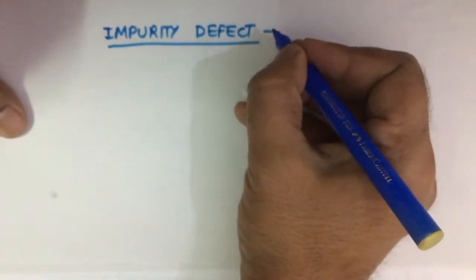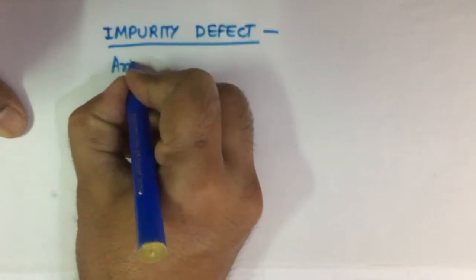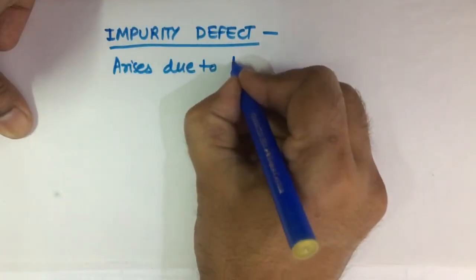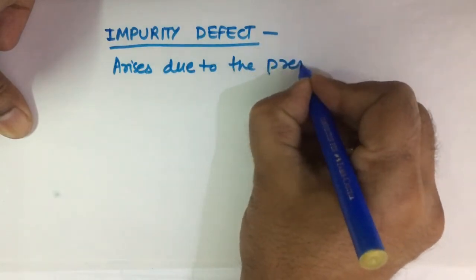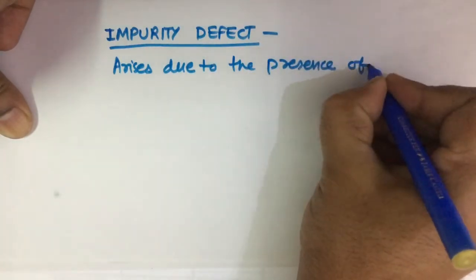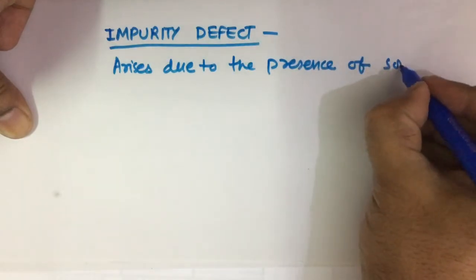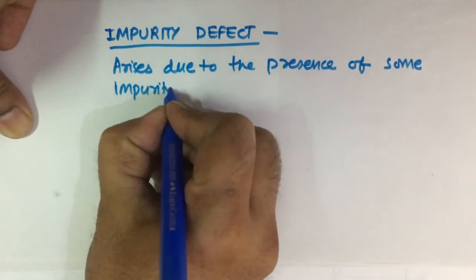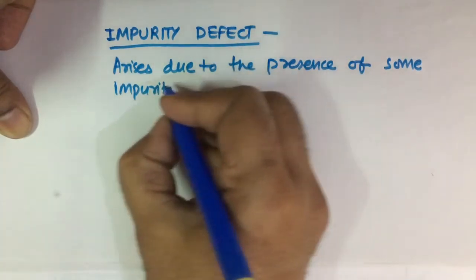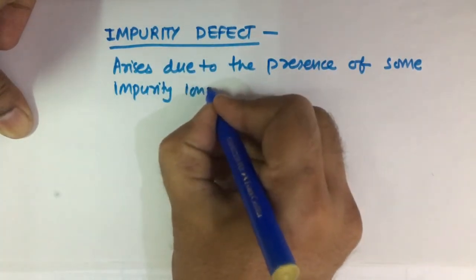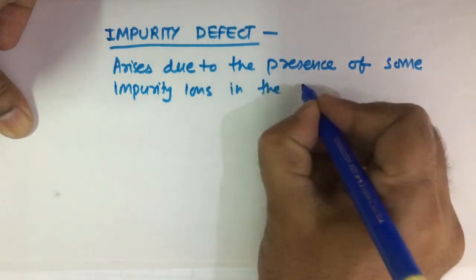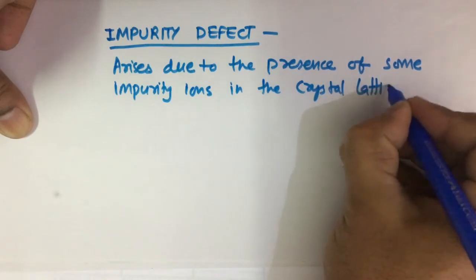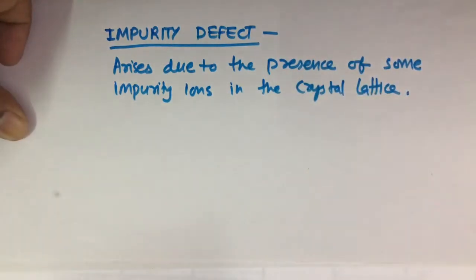Impurity defect arises due to the presence of some impurity ions in the crystal lattice.